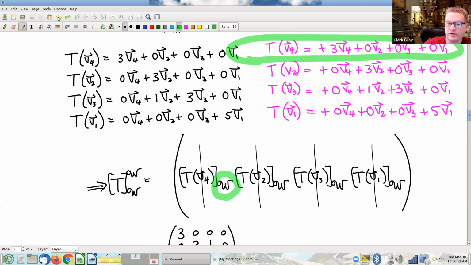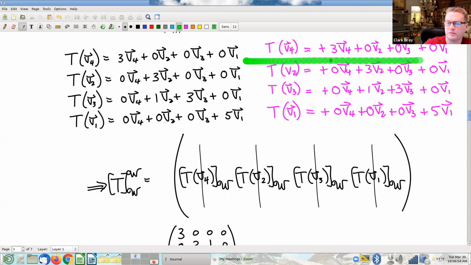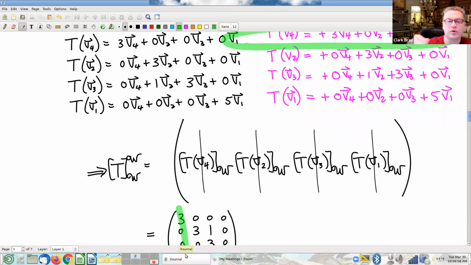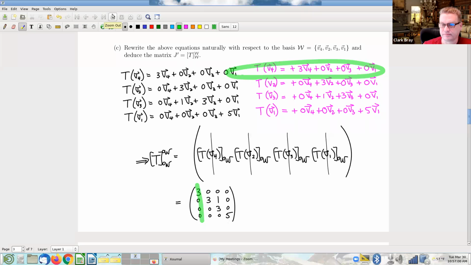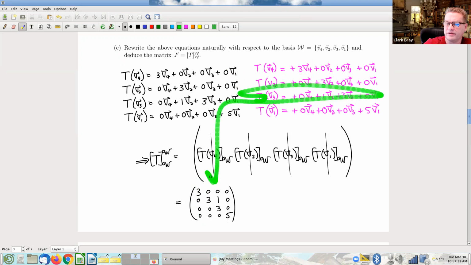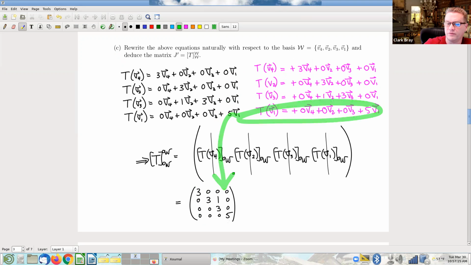And so that equation gives me the first column. That doesn't quite fit onto the screen, does it? Okay. And likewise for the rest of them, this gives me the second column, and this gives me the third column, and this gives me the fourth column.